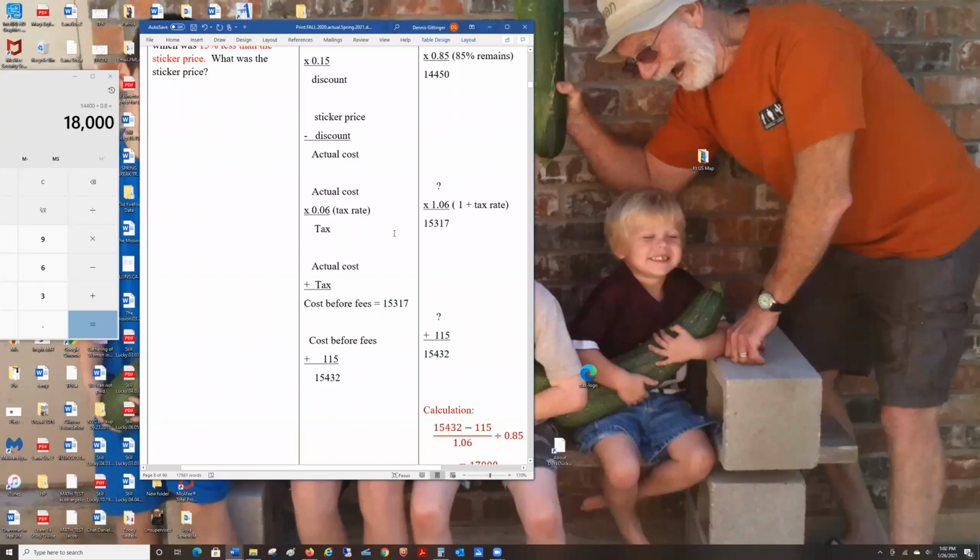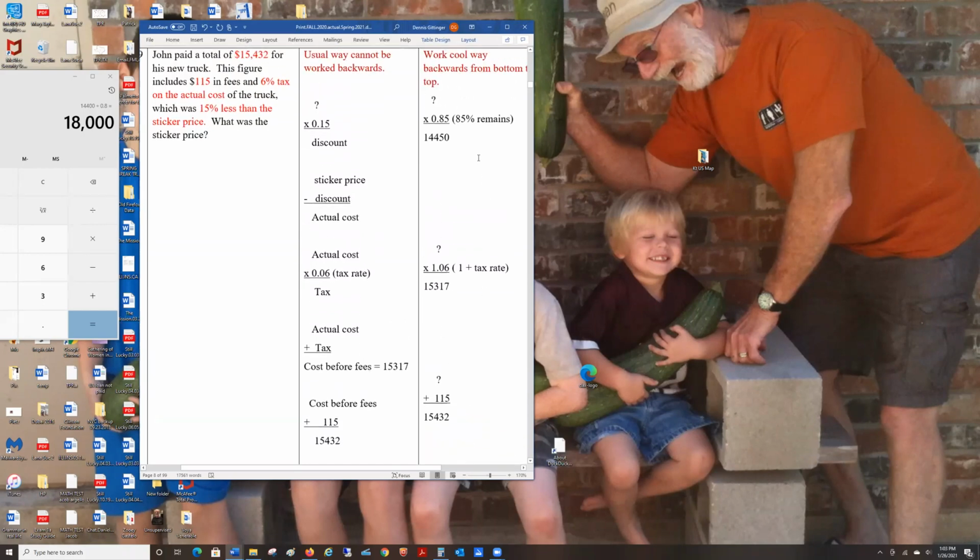But whatever that other number is, when you take a number and add 6% to it, you wind up with 106% of it. 106% is 1.06. So now you just divide 15,317 by 1.06, and that's what this calculation tells you. And that turns out to be 14,450. And that is the discounted price.